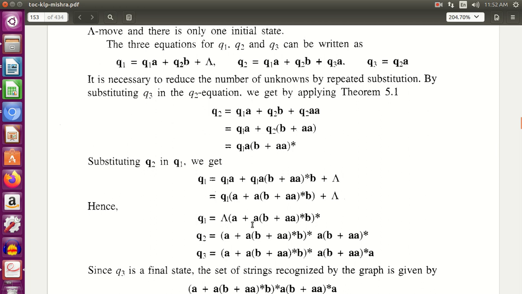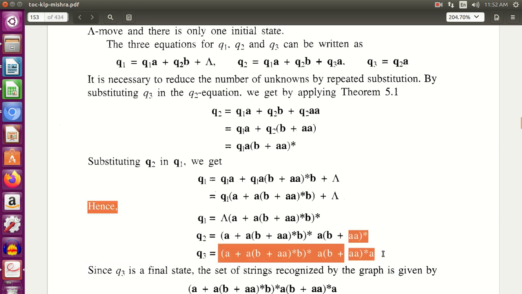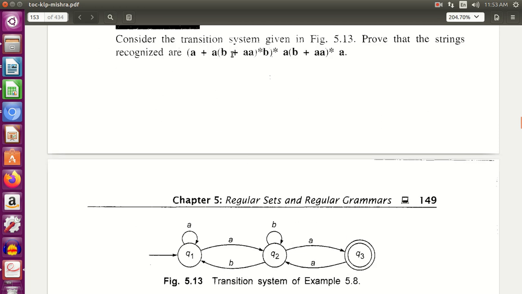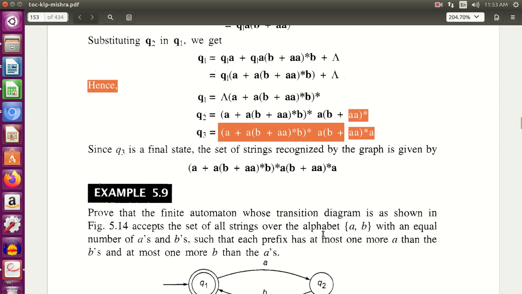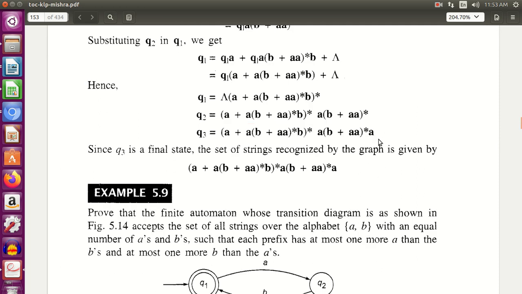As and when you substitute these values in q2 and q3, you get this final regular expression. If you match it with what was given in the question, you will see it is the same thing you have achieved at the end of the entire process.